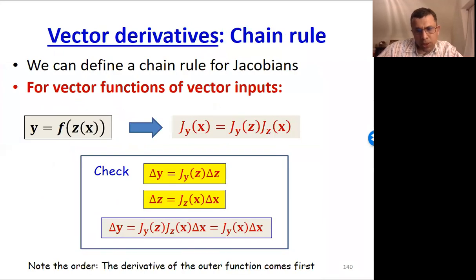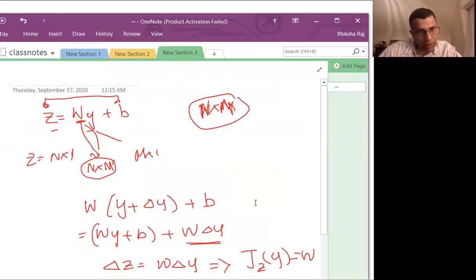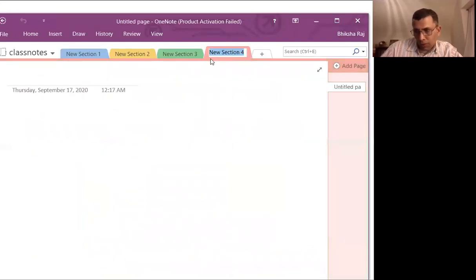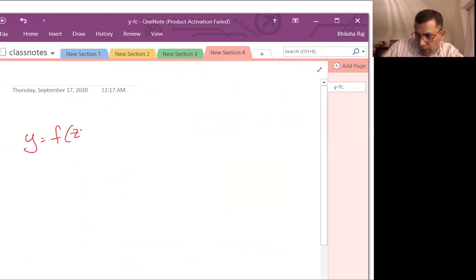You can also compute the chain rule for derivatives. So let's say y is a nested function of x. So y equals f of z of x.